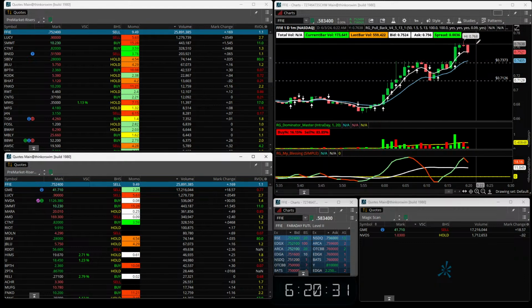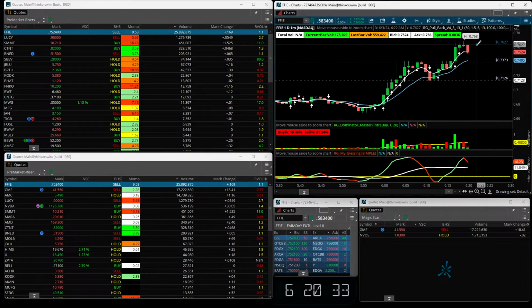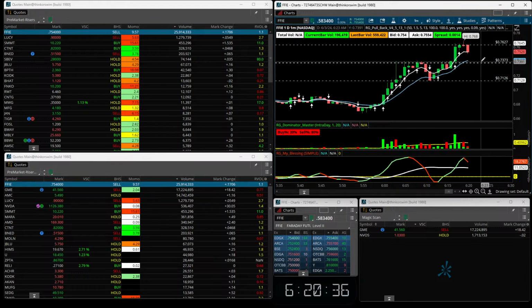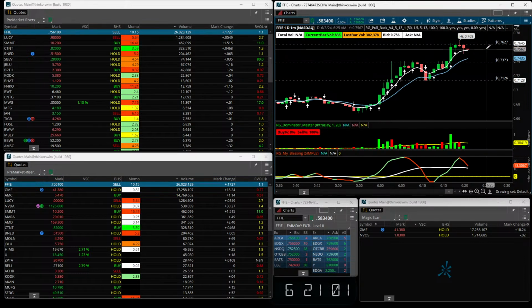Might be setting up for a pullback here. I'll go ahead and mark resistance. Let's see if we pull back to this 73 cents. Probably 75 cents. I've missed it a few pennies. Long tail on the bottom of that candle was buyers buying up what they're selling.